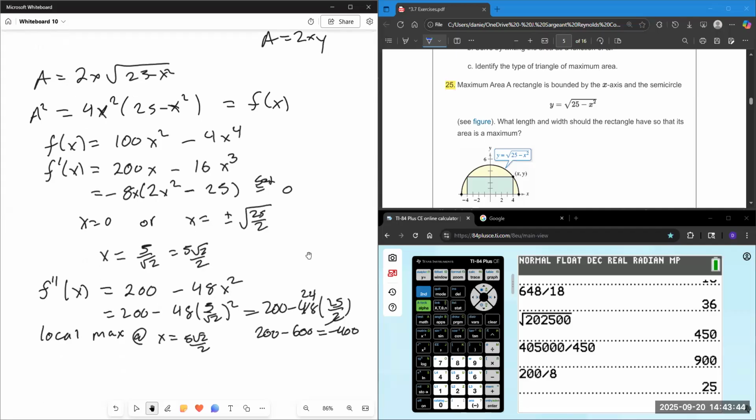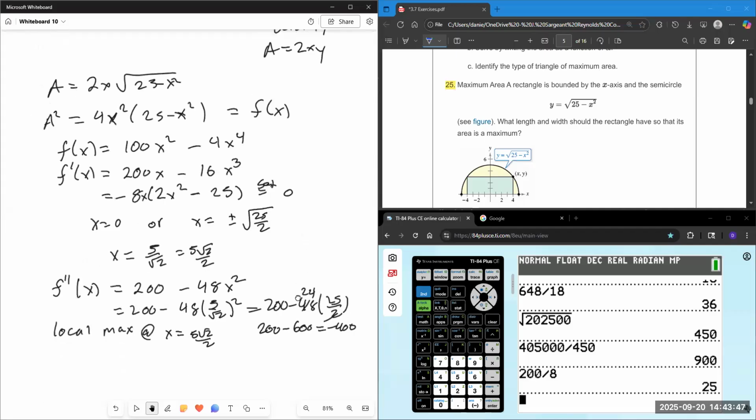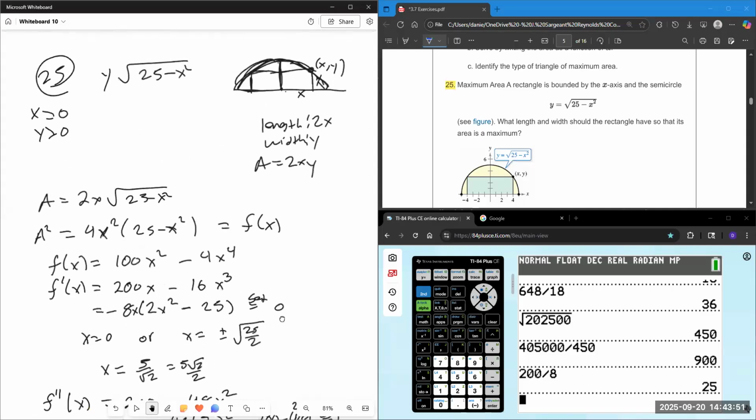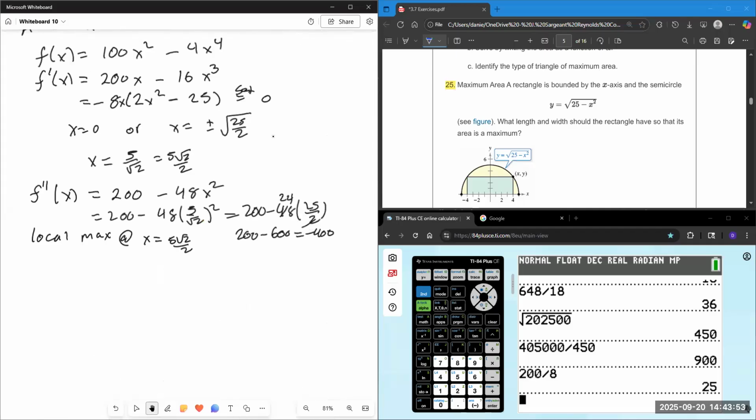And then my y value, what's my y value? y is root 25 minus x squared.